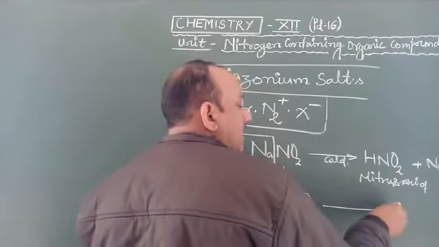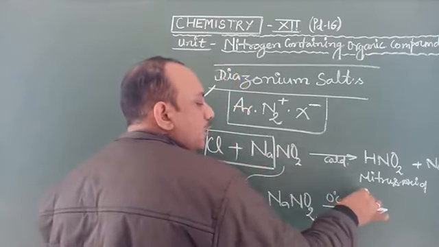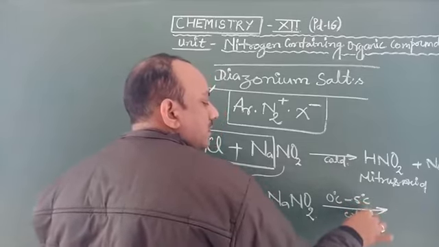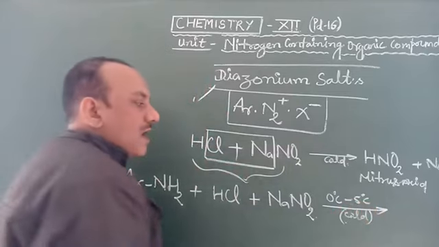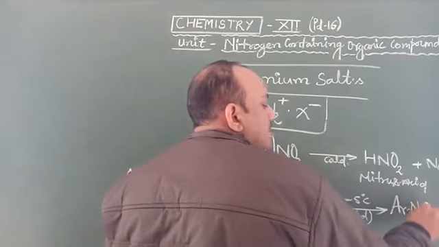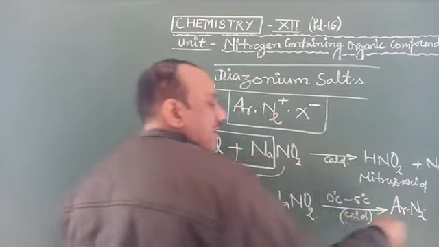In a cold bath, near about 0 degrees Celsius to 5 degrees Celsius, it makes the diazonium salt, ArN2Cl, because here Cl is available.